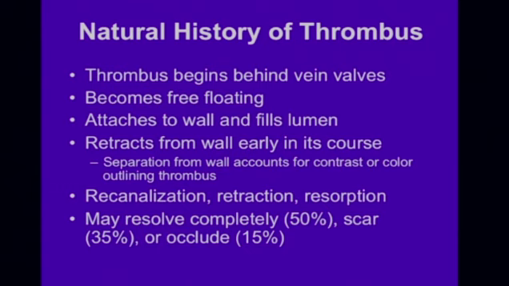Thrombus tends to begin behind valves and in vessels that have stasis within them, for the typical patient who has a thrombus after immobilization. The thrombus grows and grows into the lumen and becomes free-floating. It's attached to the wall and can actually fill the lumen and attach to a greater extent in the wall, and may have a component of being completely occlusive or just be free-floating in the vein.